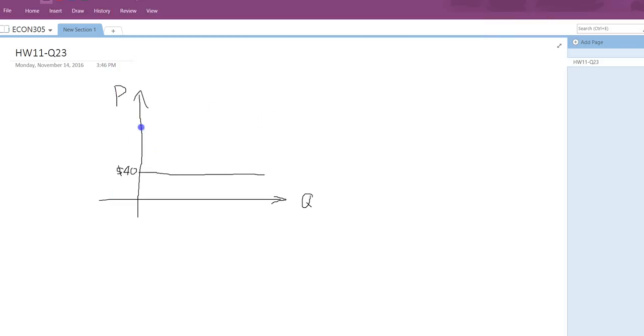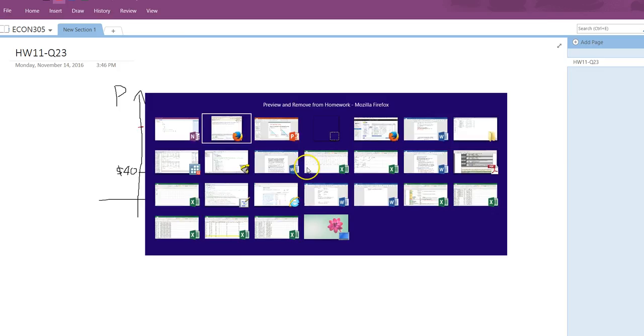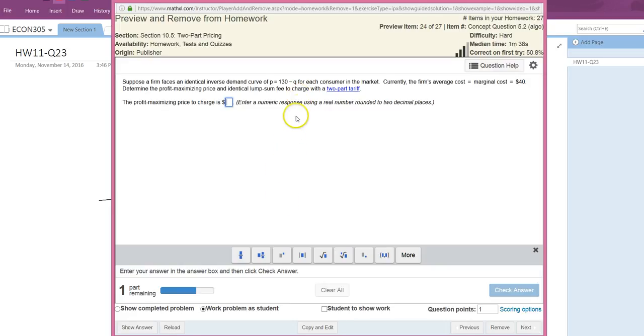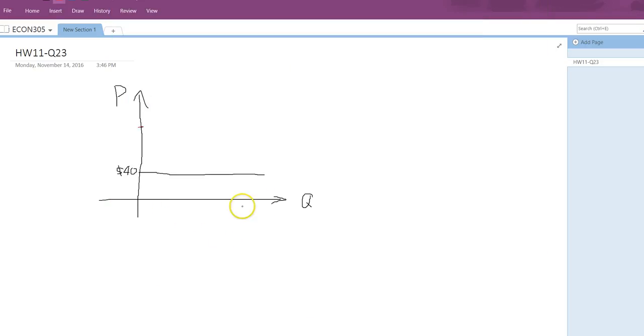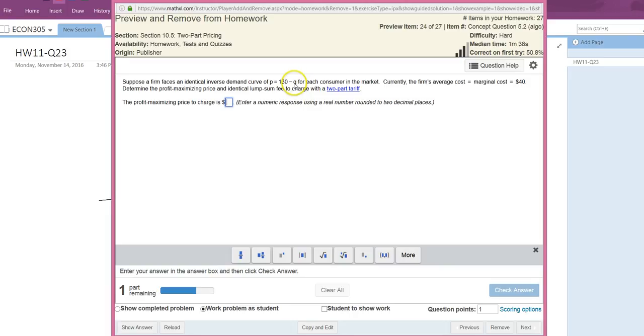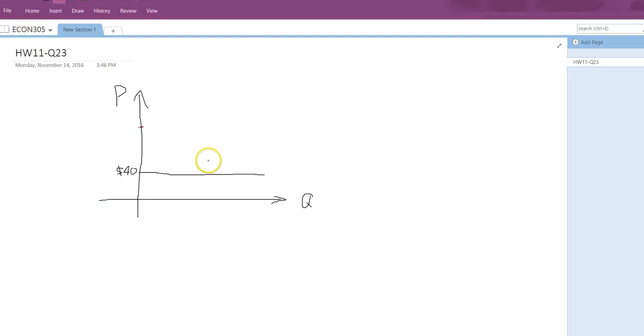Let me use a different colored pen. The second point is on the horizontal intercept, when the price equals 0. That's when quantity equals 130, so 130 right here.